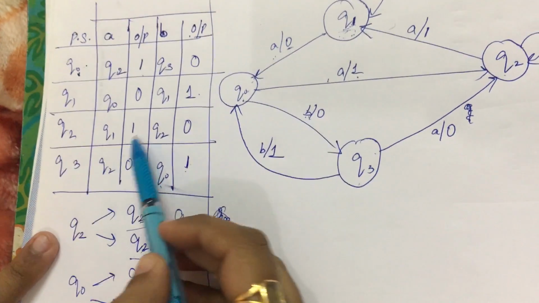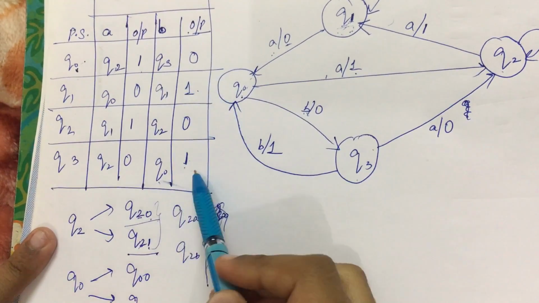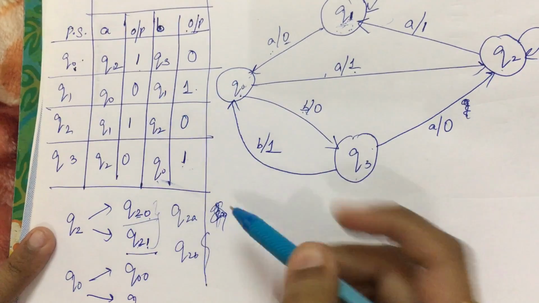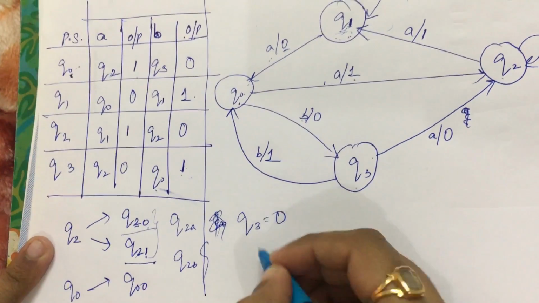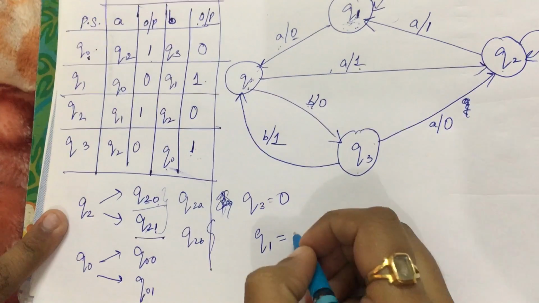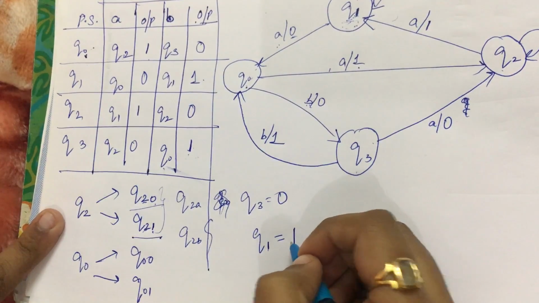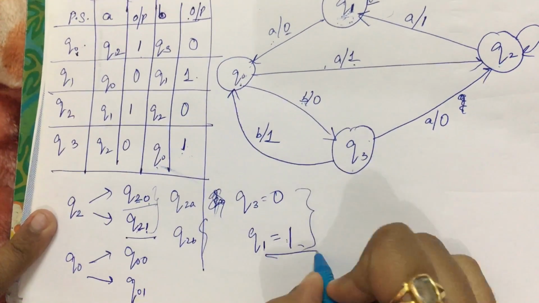Now I see Q1 and Q3 will give me outputs. Q3 is always giving me output 0 and Q1 is always giving me output 1. So that is not a problem at all. We don't need to divide them into two states.